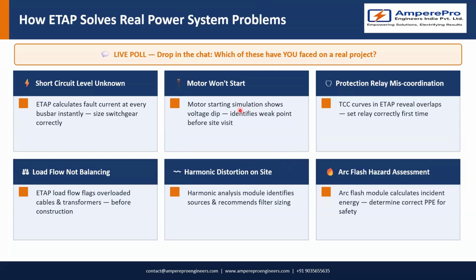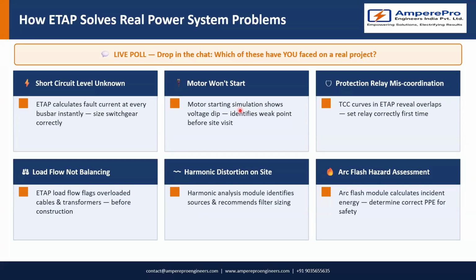Maybe there is a single line diagram in which you have to calculate the short circuit rating. Maybe you need to know what real power is flowing, or what reactive power is flowing. Maybe you want to know what happens if the voltage is low, what the current flow will be, and what the power flow will be.